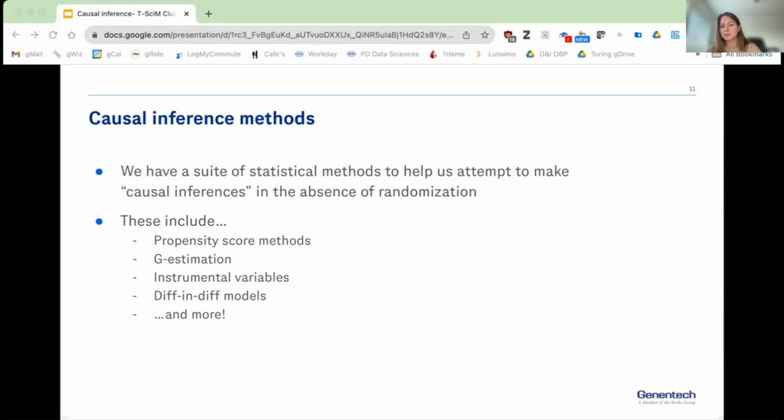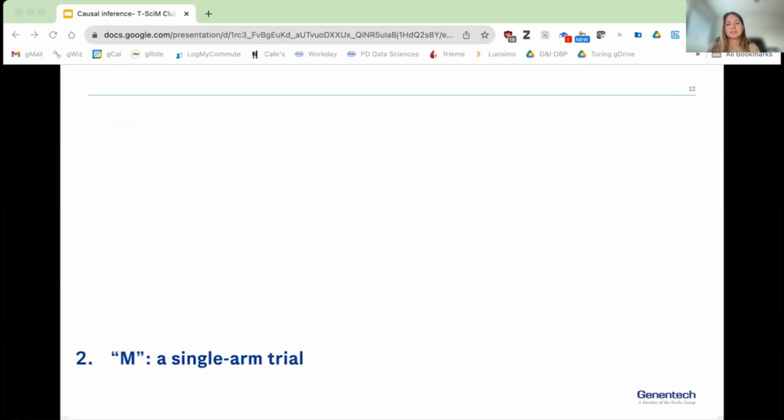A couple of methods you may come across in your studies would include propensity scores, G-estimation, instrumental variables, which are very common in economics, diff and diff, which stands for difference in differences, and much more.